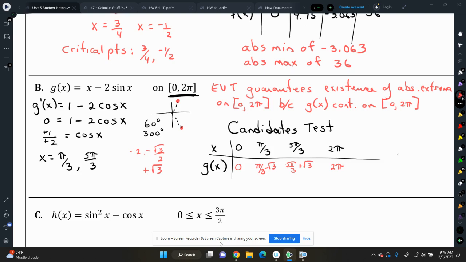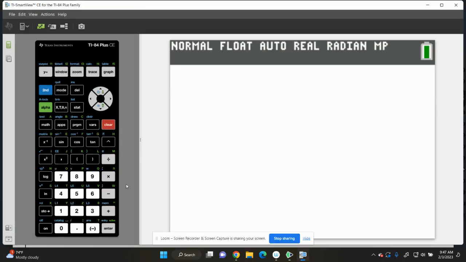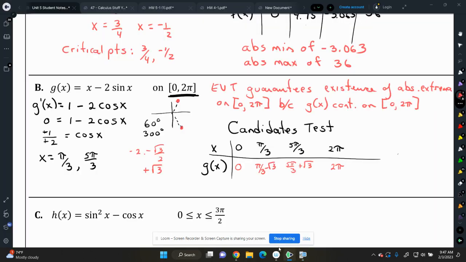So it looks like in order to actually finish this, we're going to have to put it in our calculator. I'm going to assume that would have been a calculator problem. And to save time, I already have it done. So this is going to be negative 0.685, and this would be 6.968, and of course this is 6.283.